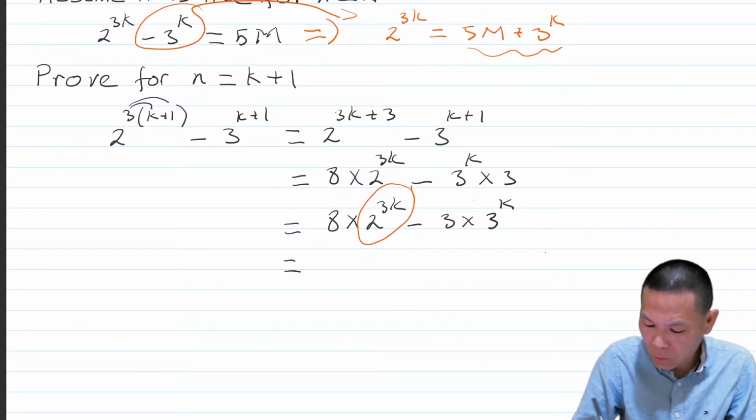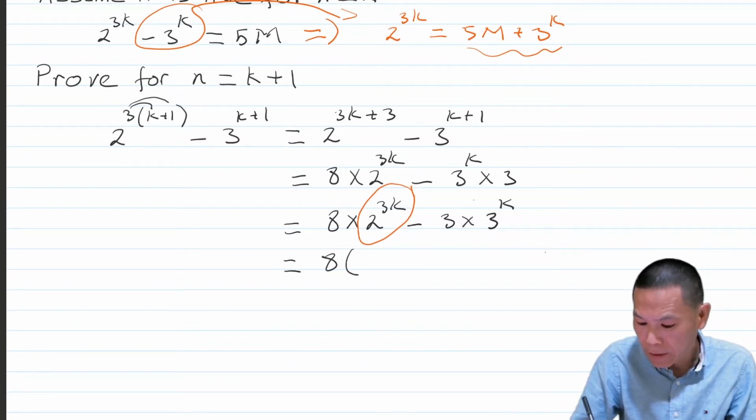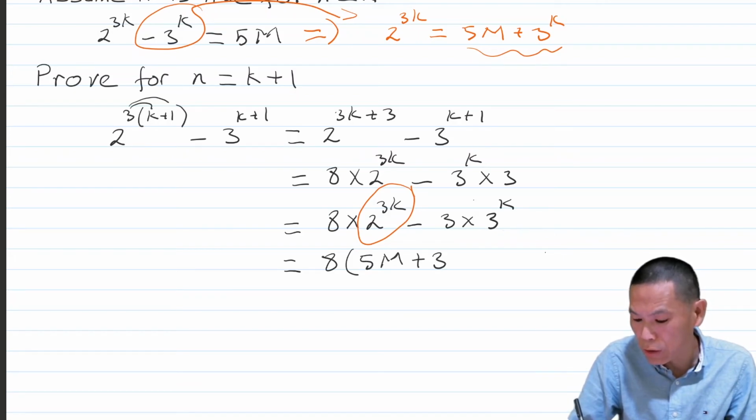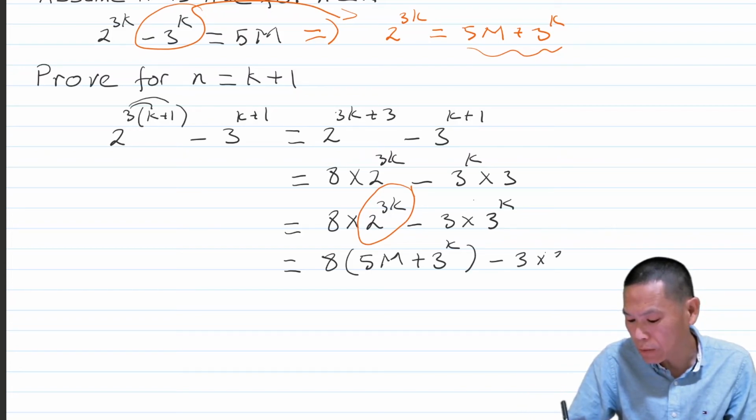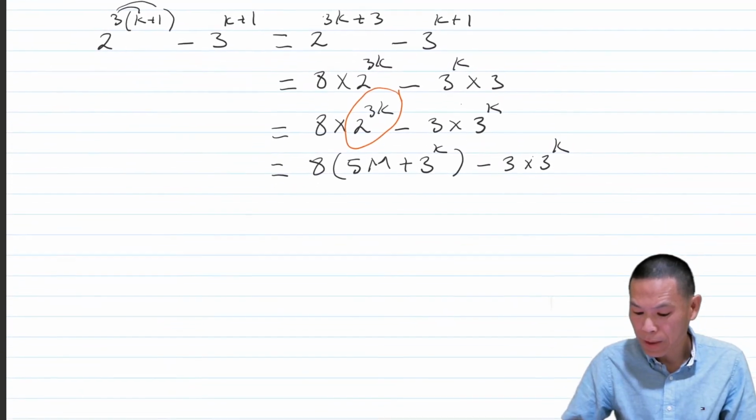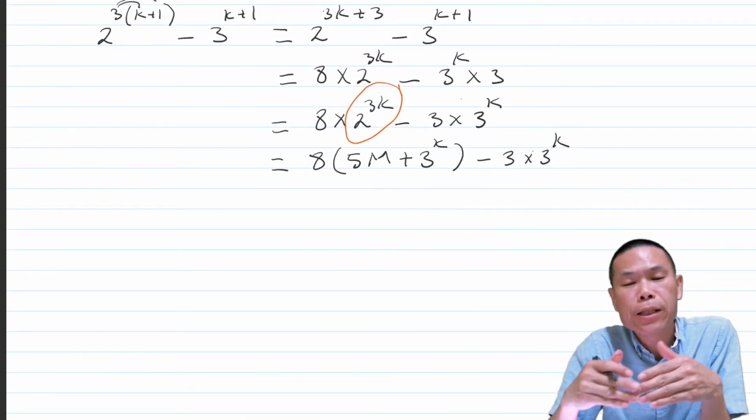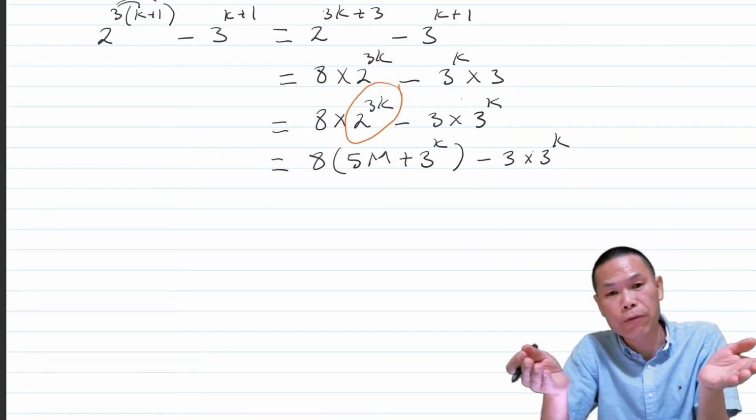So which is equal to 8 times 5m plus 3 to the power k, minus 3 lots of 3 to the power k. Then all I need to do now, I just simplify by expanding the bracket first.